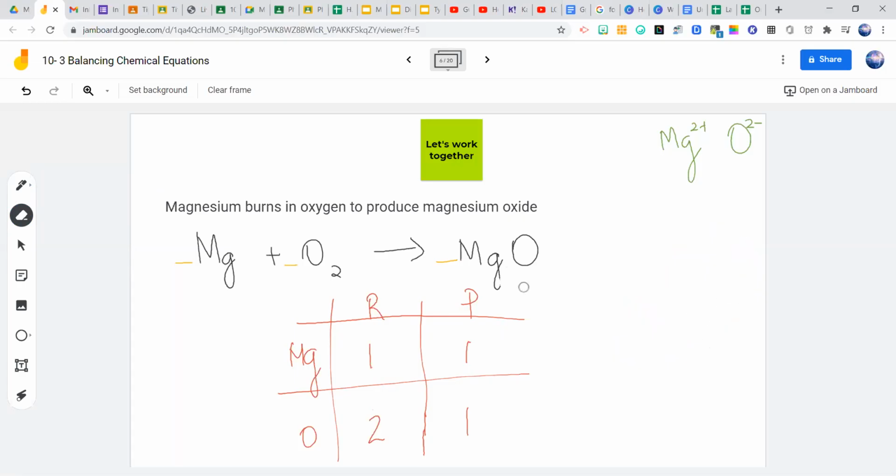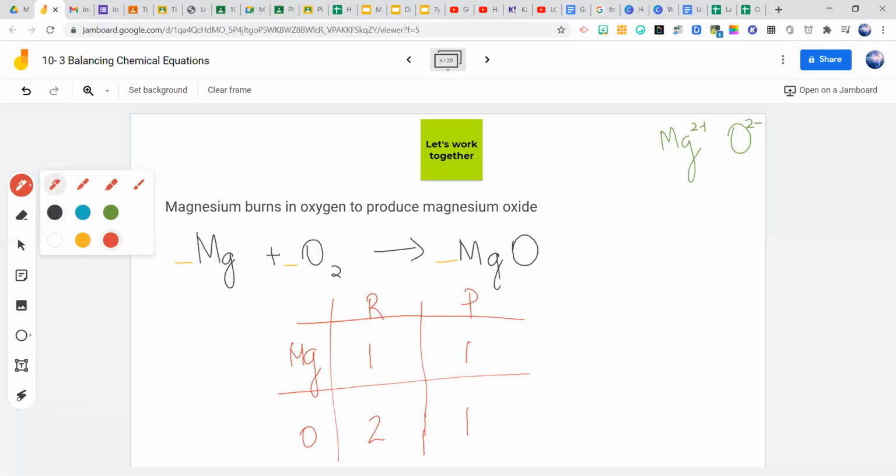So let's go with balancing this equation now. Magnesium is okay, and so I'm not going to trouble magnesium. I need to now look at oxygen. Oxygen is off. I have 2 on my reactant side, 1 on my product. Where and how can I make a balance for oxygen? Anyone want to take a guess?